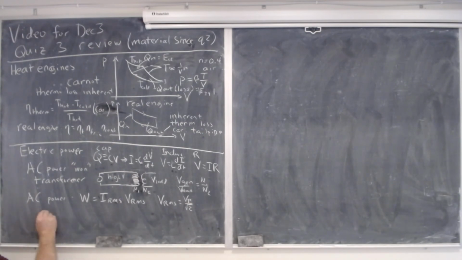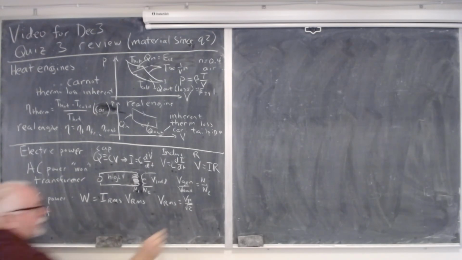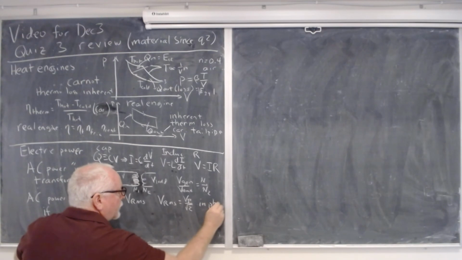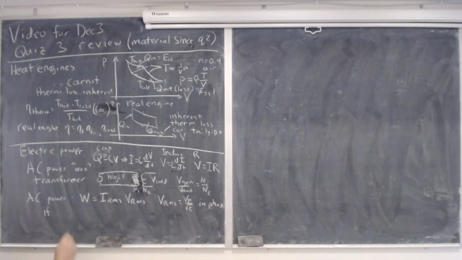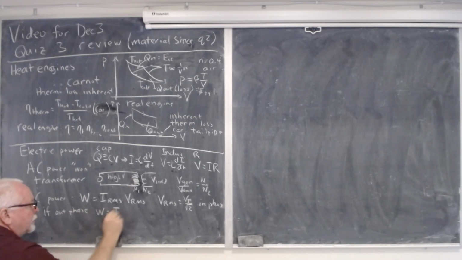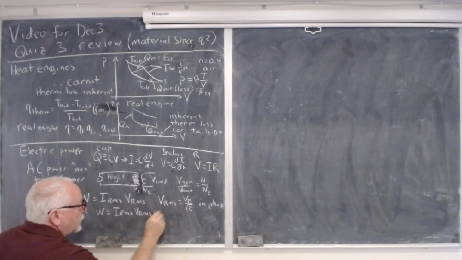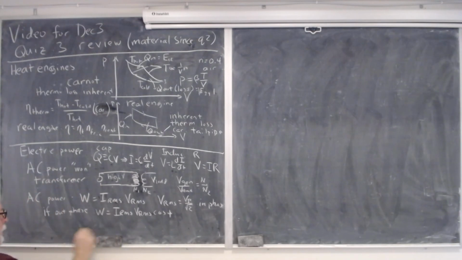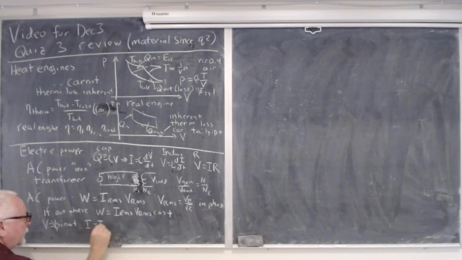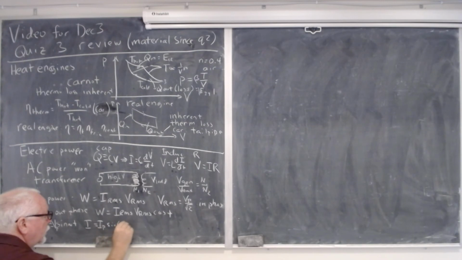And you learn that that's for in phase, and that if, for example, it's out of phase, then W equals IRMS, VRMS, cosine phi, where that's for if V is, for example, sine omega t, and I is Ip sine omega t plus phi.